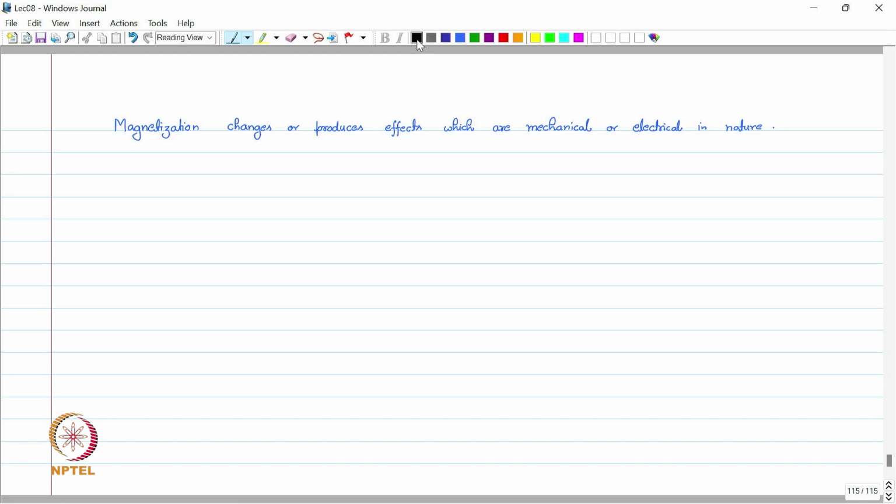And the first one is magnetoelastic field sensors.